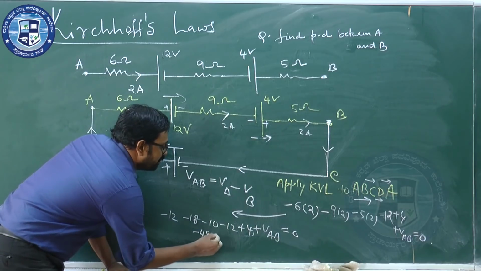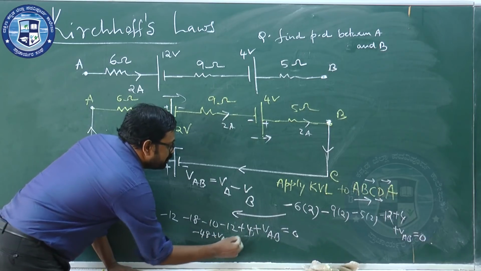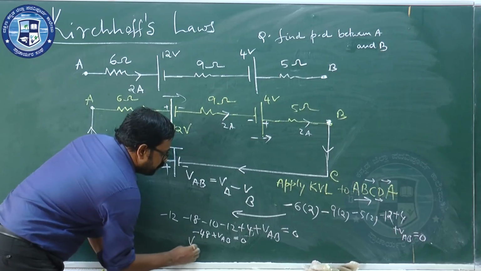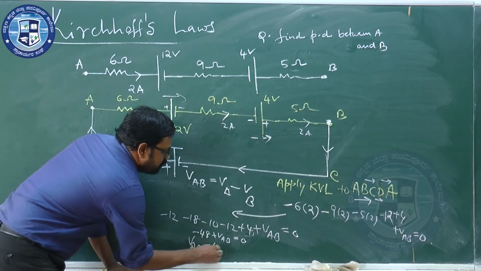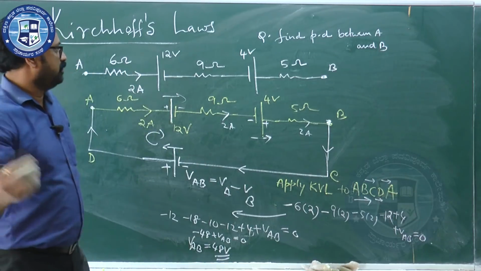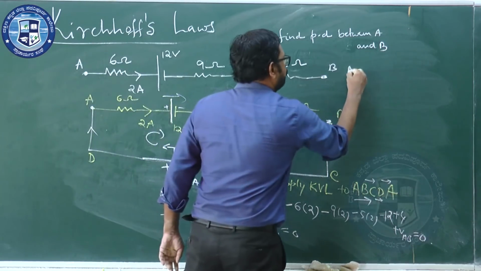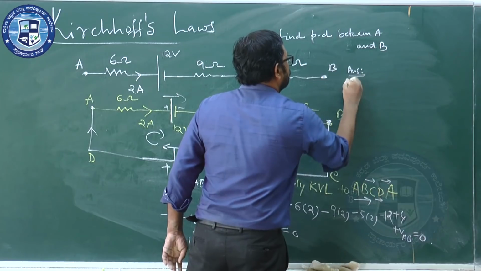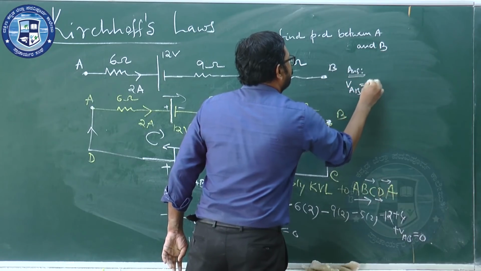Minus 48 plus VAB is equal to 0. I want V suffix AB. What is V suffix AB I got? 48 volt. Take it to the other side. It is 48 volt. That means the answer for this problem is V suffix AB is 48 volt.